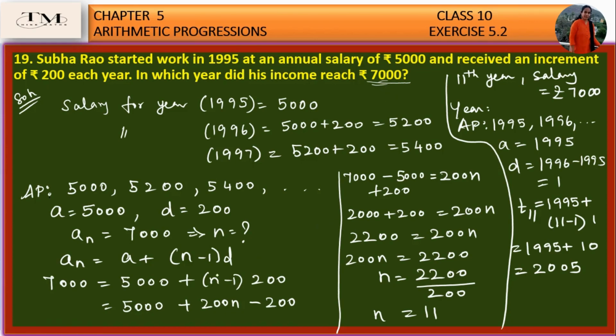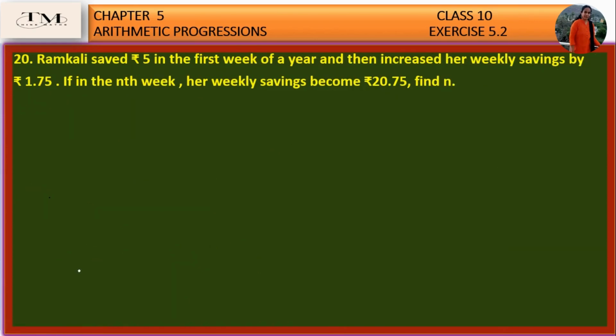Okay, understood? Last problem. Ramkali saved rupees 5 in the first week of a year and then increased her weekly savings by rupees 1.75. If in the nth week her weekly savings become 20.75, find n. So what is given?